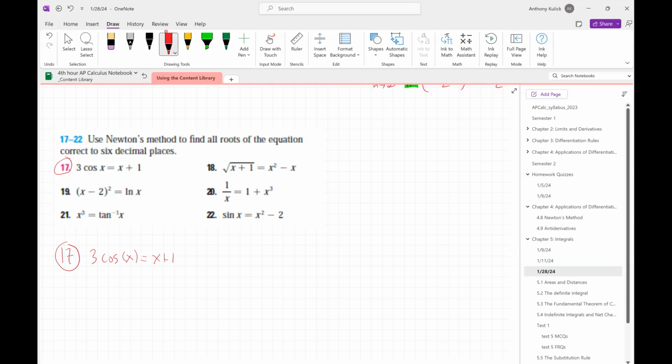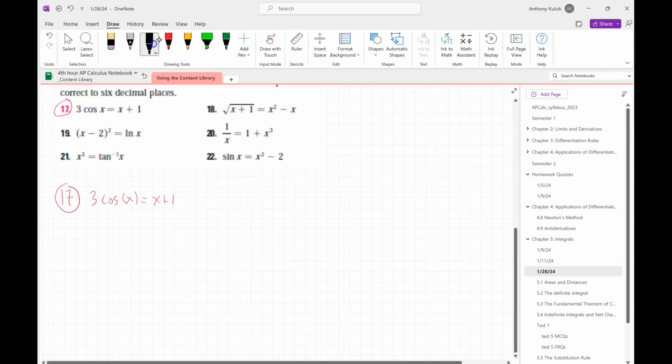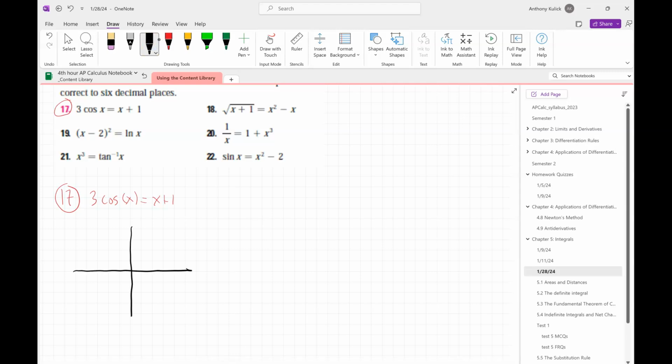All right, so let's think about really what this is going to look like just real quick. So if I graphed cosine 3x, that's going to look like this, right?